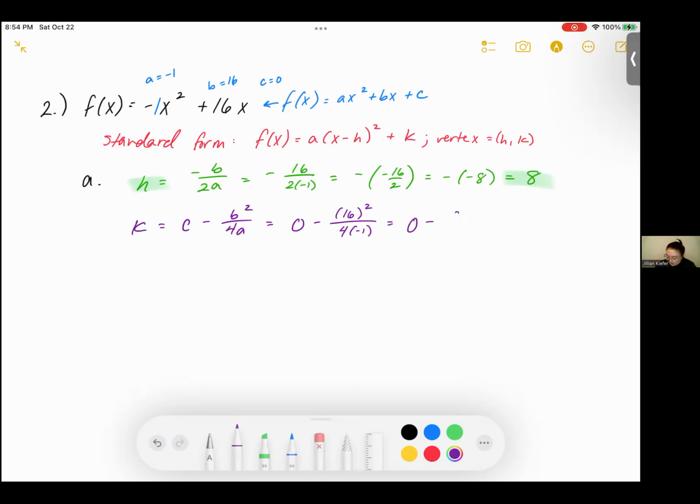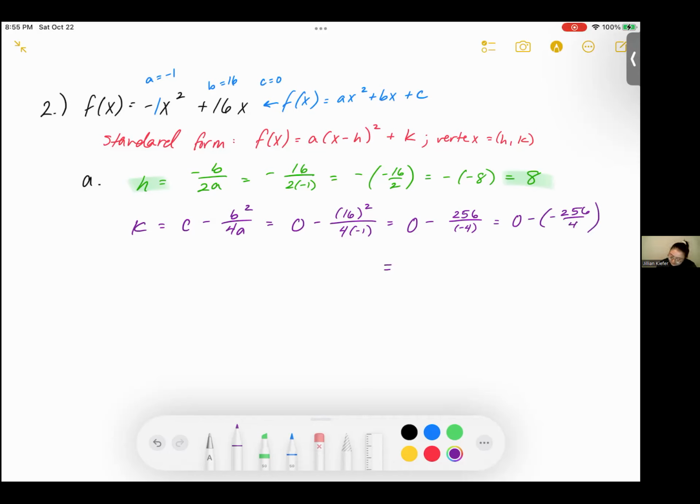So we have 0 minus 256 divided by 4 times negative 1, which is negative 4. Once again, this is going to become positive because we have a double negative. This is going to be minus negative 256 over 4, which just turns into plus.